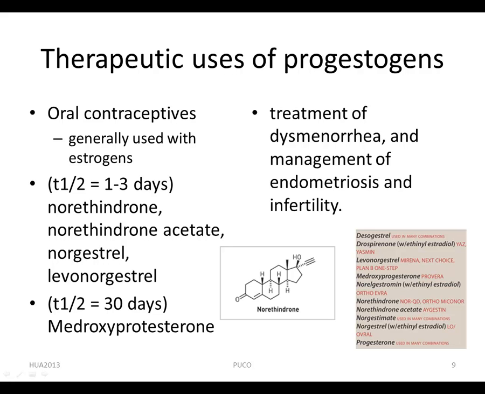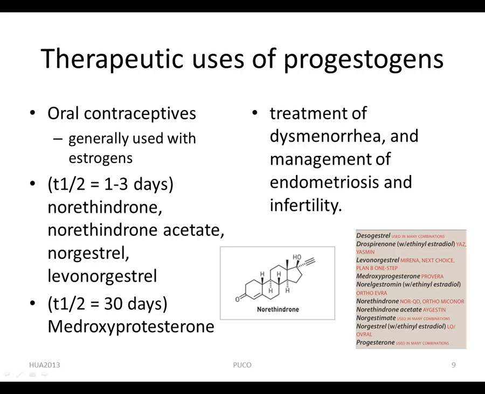The major clinical uses of progestogens are to treat a hormonal deficiency and for contraception. For contraception, they are generally used with estrogens, either in combination or in sequential manner.